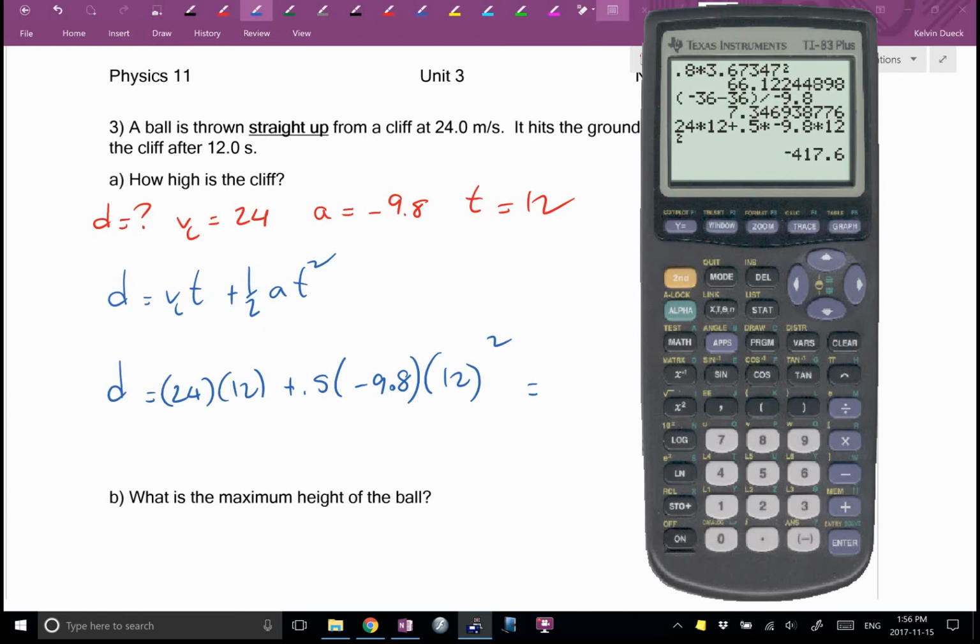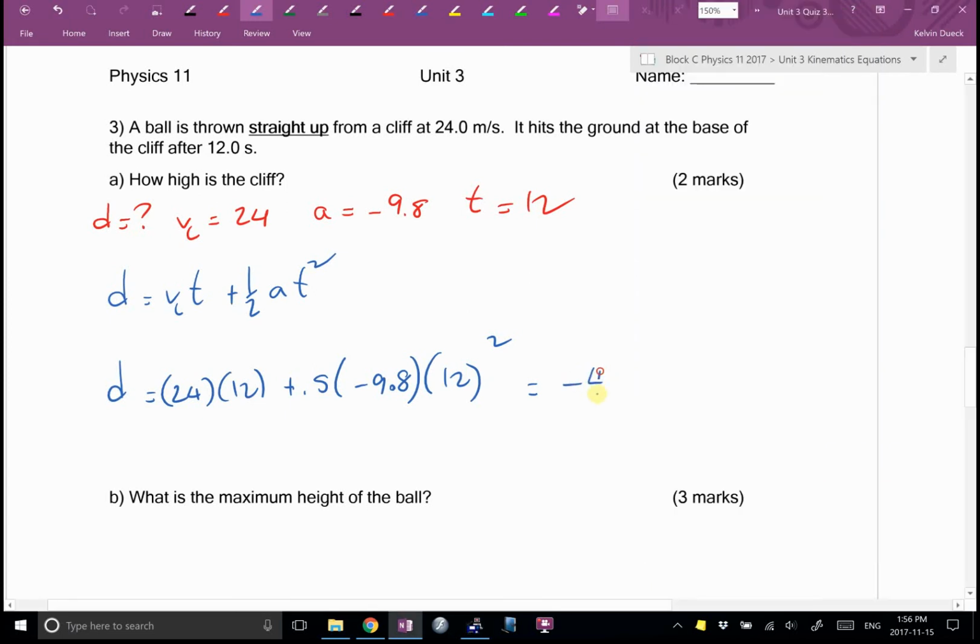You get negative 417.6. I'll go negative 418. What's the negative telling me? We ended up below where we started, so I'm not going to freak out. That does make sense. Now, if you made that positive and you said the height is 418, full marks. In fact, I'd smile because technically height is a scalar, but the d that we're using is the vector. It's the displacement. As before, 1 mark for the equation, half mark for the numbers, half mark for the answer.